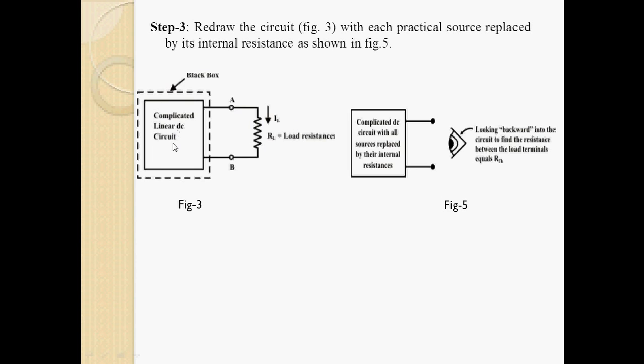We replace the voltage source and current source by their internal resistance and remove the load, as shown in figure 5. This is a passive circuit. We look from the load side, and that resistance will be RTH.